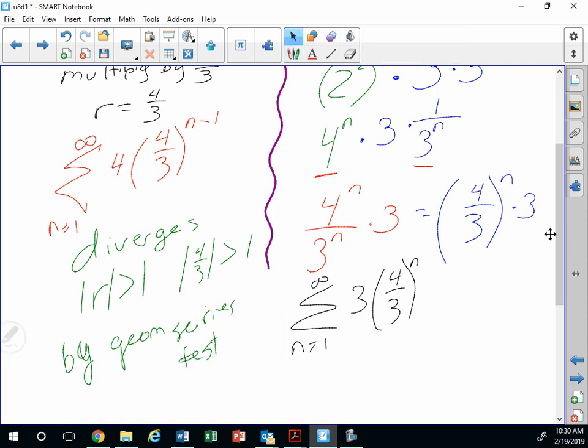As I figured out this was a geometric series, therefore I figured out that it diverges. We okay with that? Two different series, two different equations that give me the same series. One's got an n minus 1 and one's got an n. Alright, let's try the next piece.